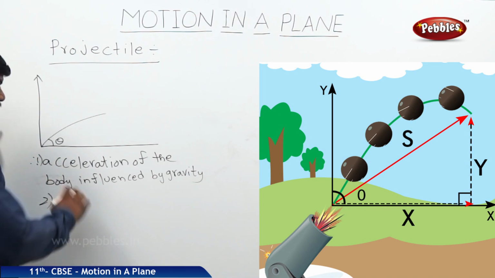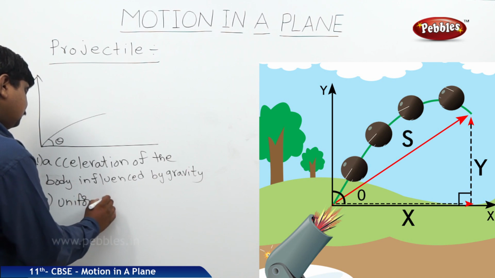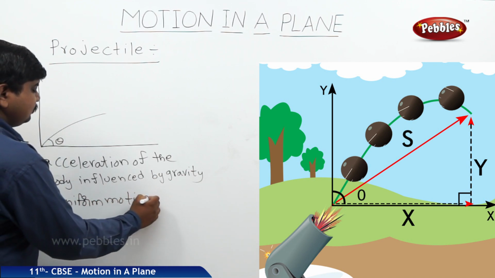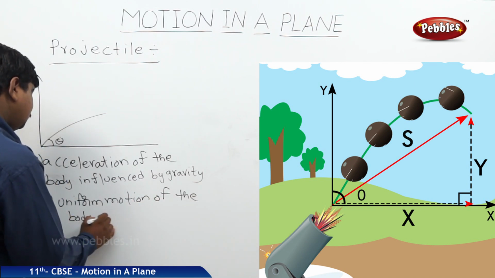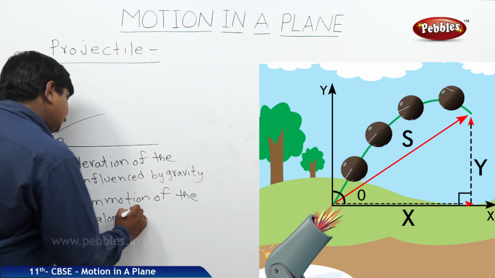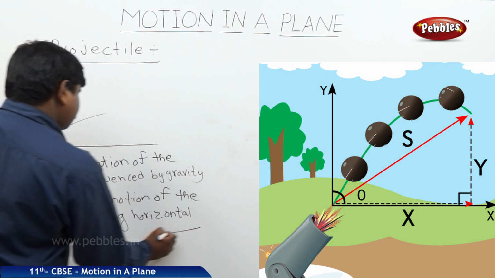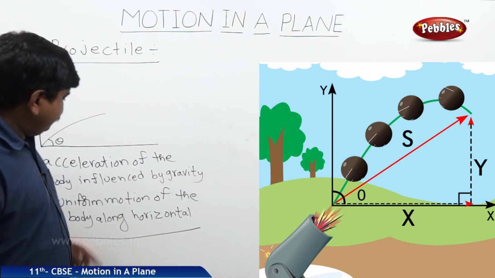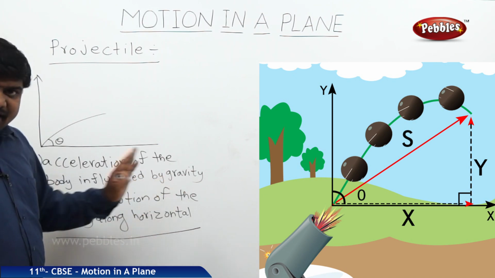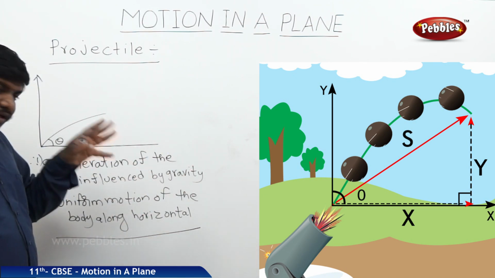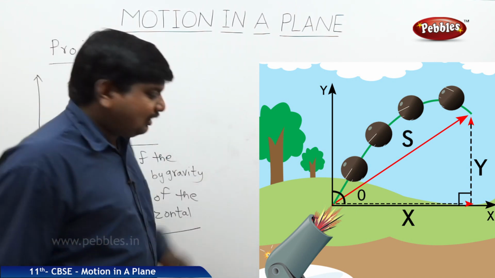And second, the uniform motion of the body along horizontal. Usually the acceleration of this body is influenced by the gravity, but the uniform motion of the body along the horizontal direction is influenced by the velocity.